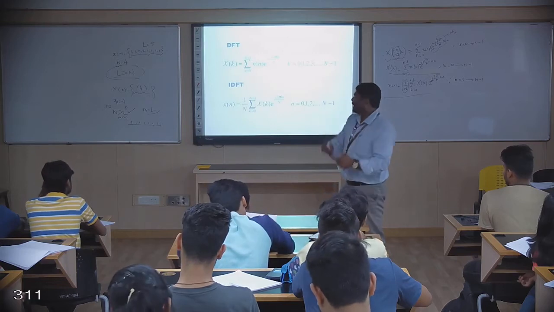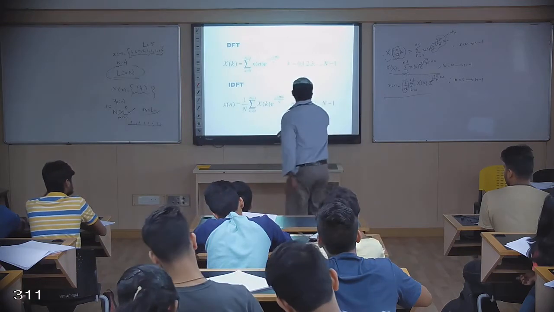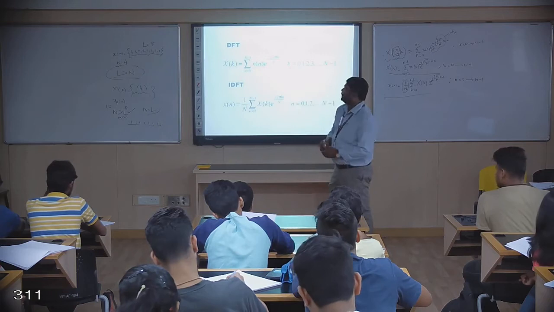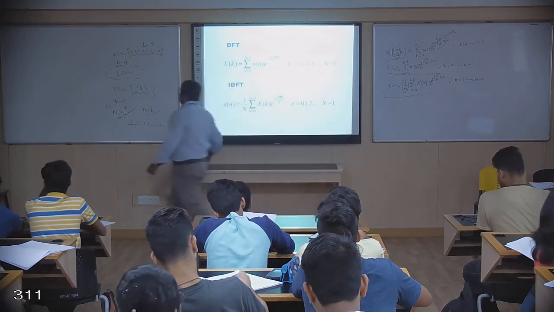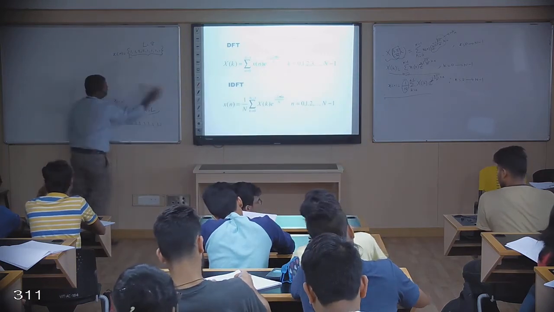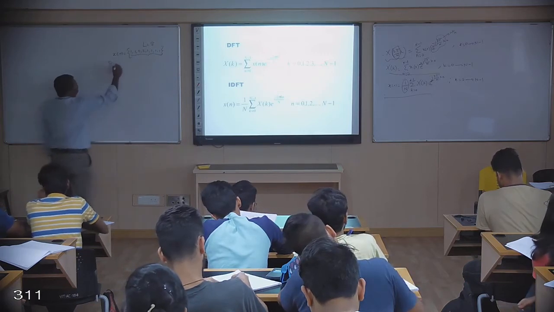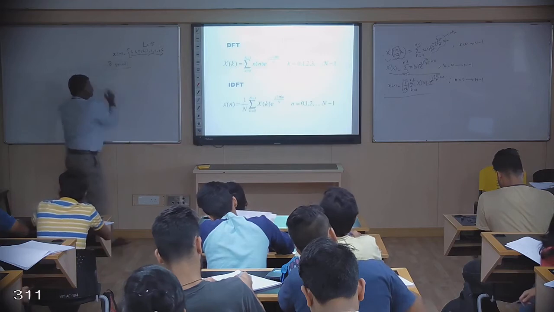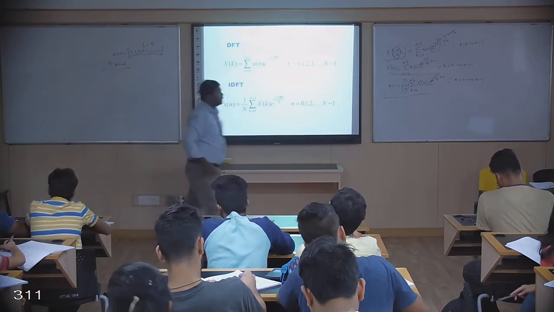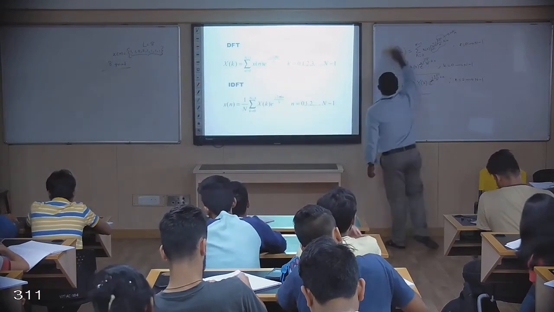So that is how we manage. Now in the given example x of n has 8 values, and you are expected to do an 8-point DFT. So what is the formula?